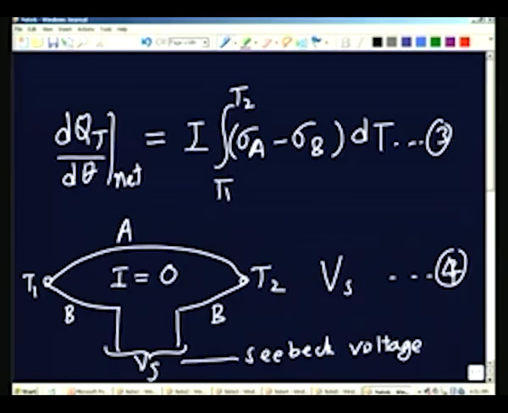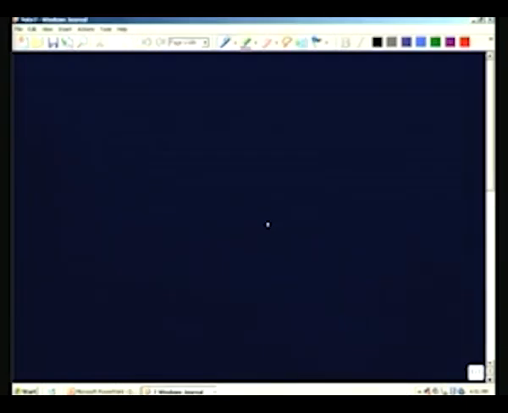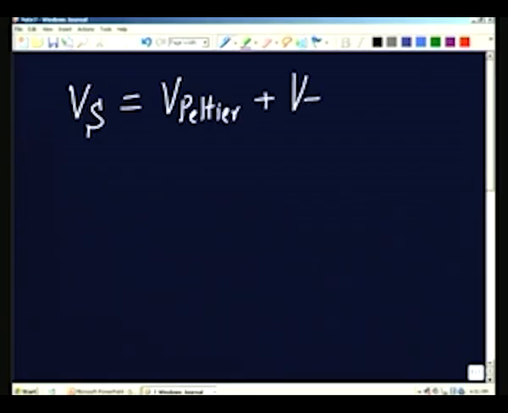Those two effects are not now manifesting as heat, but as an appearance of a voltage across the cut, and therefore, I can just write, using the conservation of energy principle, that the voltage which is due to the Seebeck effect when I make a cut, the Seebeck voltage, must be the sum of the Peltier voltage and the Thomson EMF or the Thomson voltage. And we already have expressions earlier.